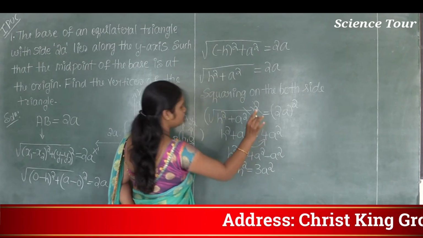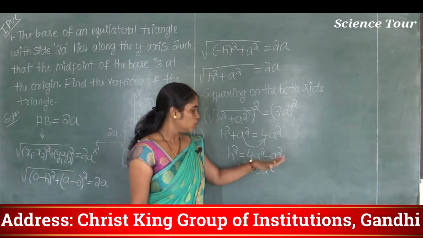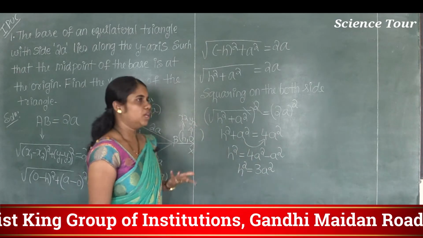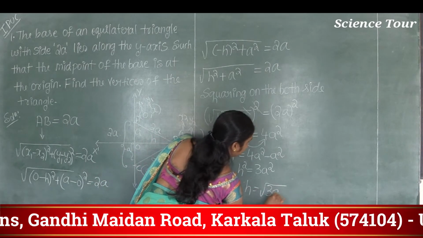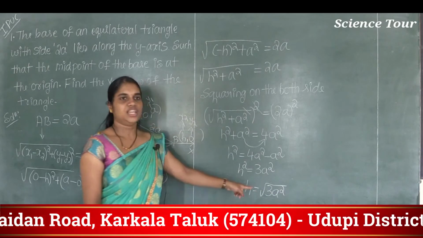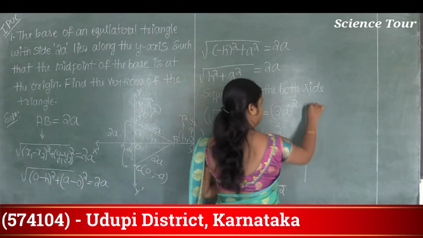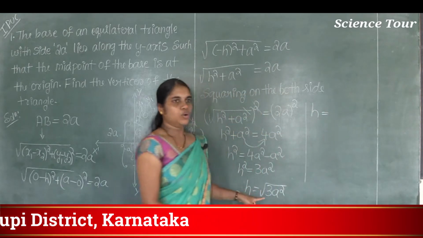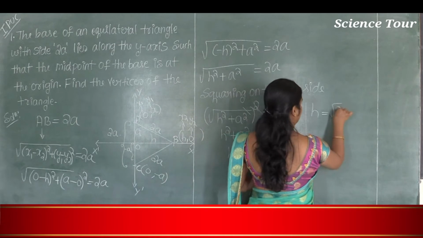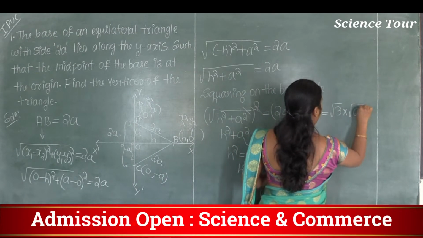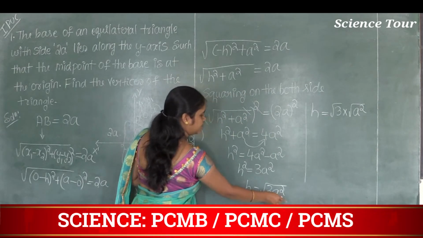So what is the value of h square? h square equal to 3 into a square. Then what is the value of h? h is equal to square root of 3a square. How to split this? We can split it like square root of 3 into square root of a square, because there are two terms, 3 and a square.